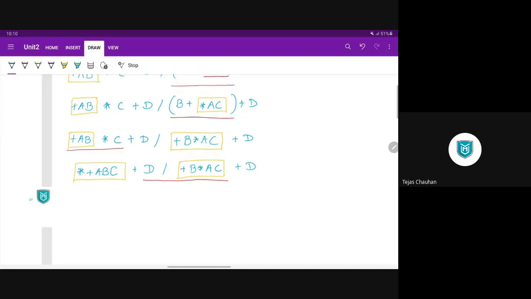Okay, let us bring the first operand, which is D. We bring the second operand, which is this block, plus B star AC, and then we prepend our operator, so division. Fine. If I write the remaining expression, then it will be something like this one.